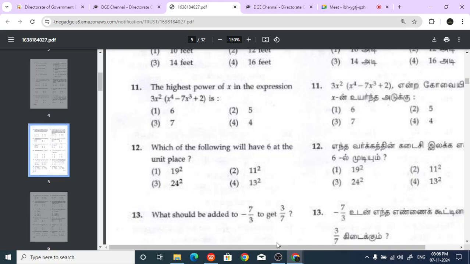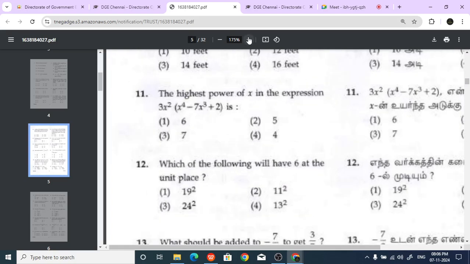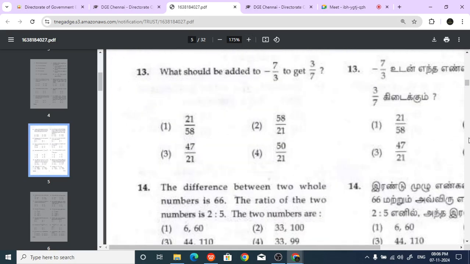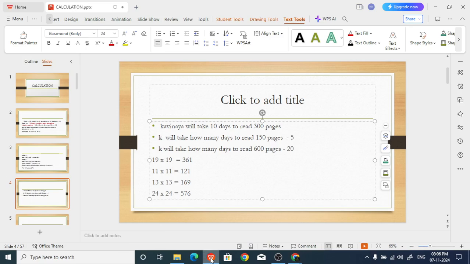What should be added to minus 7 by 3 to get 3 by 7? How do we do it? First you tell me how do we do it. We should subtract, sir. So, no, what should be added?